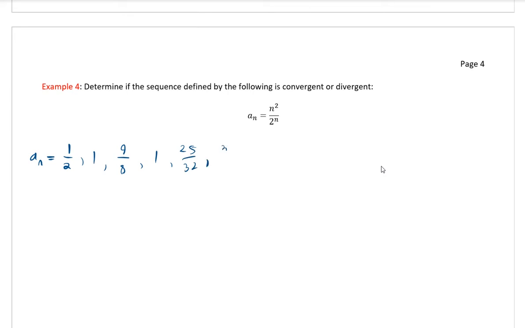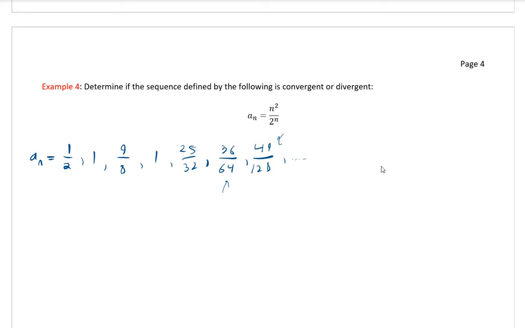And 6 will give me 36 over 64. 7 will give me 49 over 128, etc. You'll start to see that the denominator here is growing at a much faster rate than the numerator. And looking at the things that lead to that, n squared is going to be the same exponent, but the bottom is going to have an increasing exponent constantly, which means that it's going to get larger and larger a lot faster.